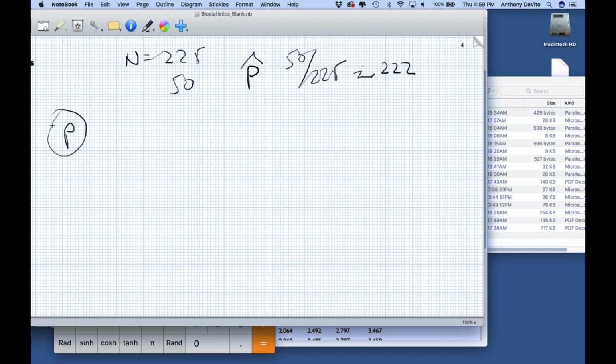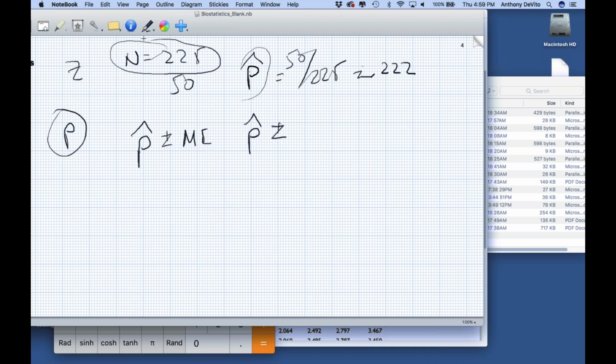So we're going to generate a confidence interval. Our confidence interval is going to take our sample proportion, p-hat, and we're going to add and subtract our margin of error. Okay, what's our margin of error? Now, do I use a t-score or a z-score for a proportion? I use a z-score. Why? Because I'm working with a very large sample.